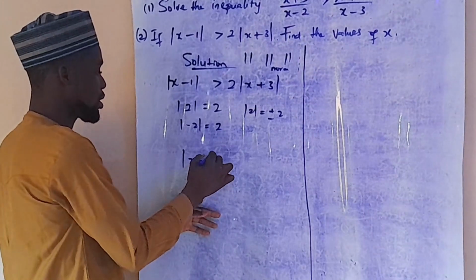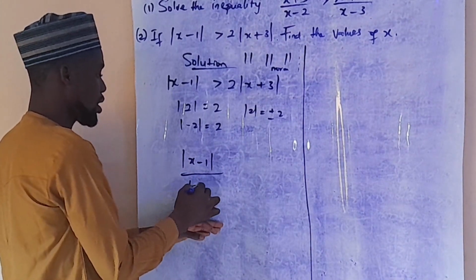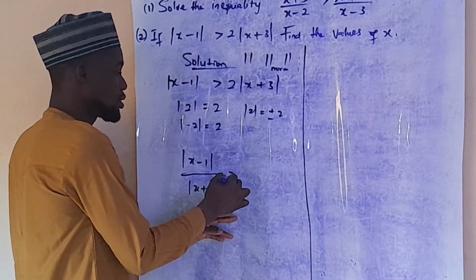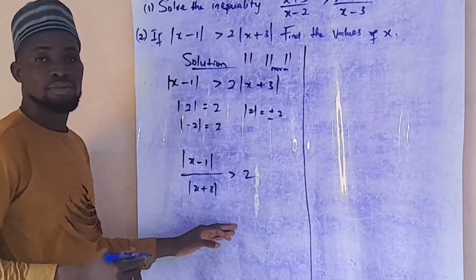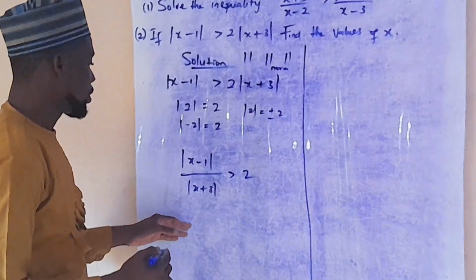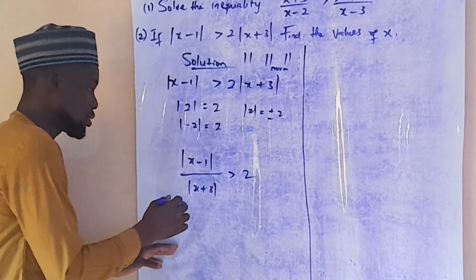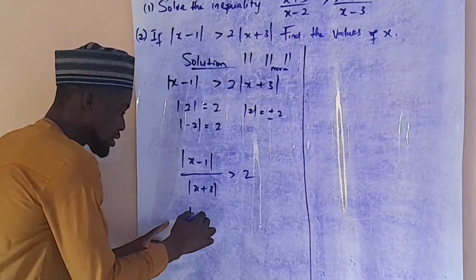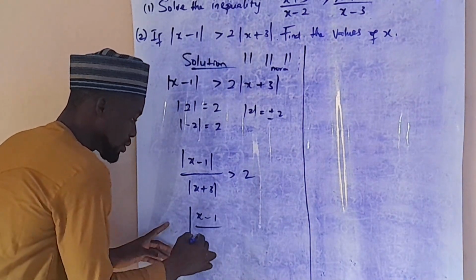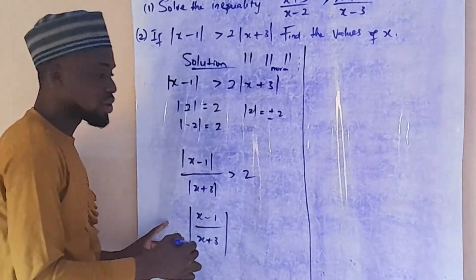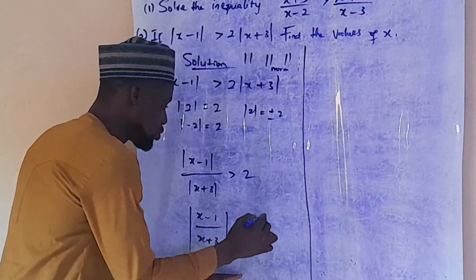So that's the absolute value of x minus 1 over x plus 3 to be greater than 2. Let's change it to one equation: the absolute value of x minus 1 all over x plus 3 to be greater than 2.